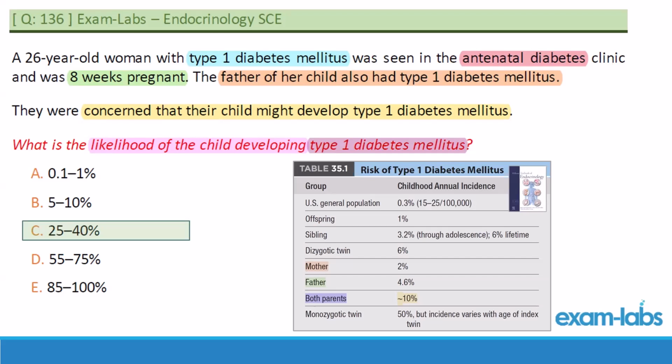If the father developed type 1 diabetes after 40 years of age, the percentage is different from if the type 1 diabetes developed at a younger age. If you look in the literature, you will find the discrepancy according to the age of development of type 1 diabetes mellitus in the parents. So the incidence will be 10 to 40%.